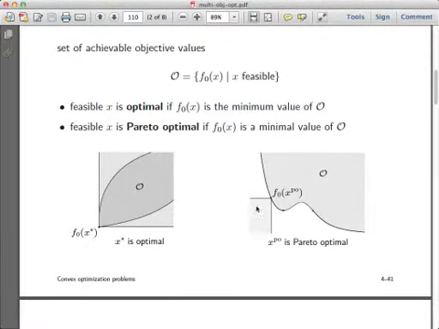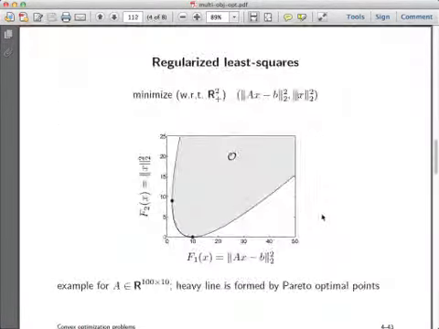If I find any point to my lower left, this point is not Pareto optimal. You understand the for loop? Just go through all of them and say, is there any point that is lower and to my left? In that case, reject that point, and you'll end up with the boundary. It's a very simple for loop, a very simple assignment that you might get.